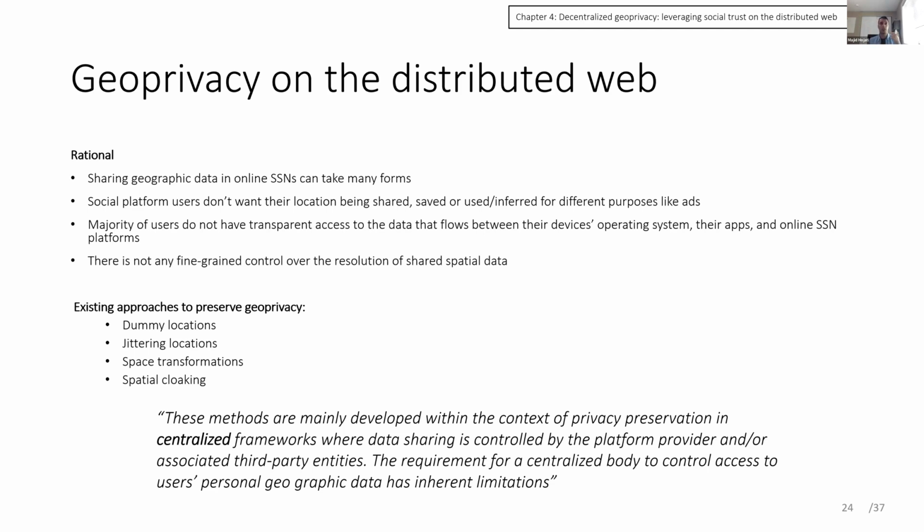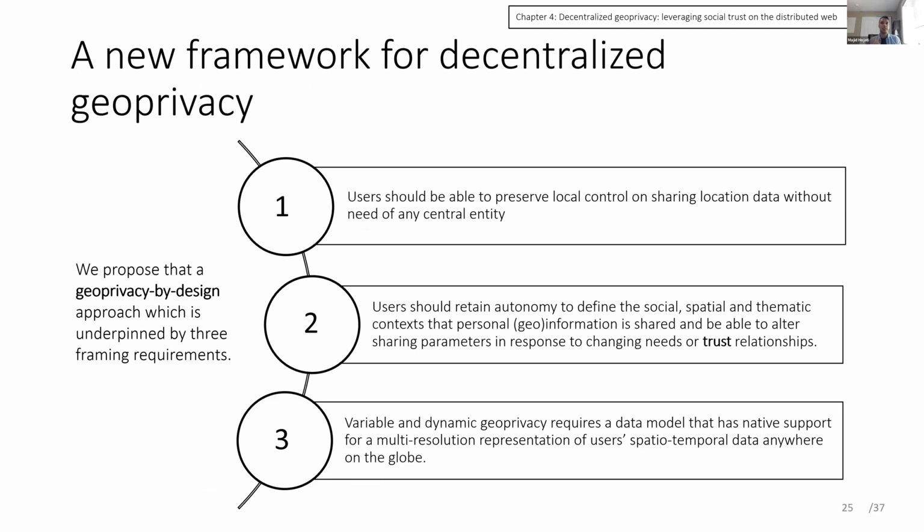The user shouldn't be forced to share their location with a third-party entity to get, for example, a level of geoprivacy. So we define a framework for decentralized geoprivacy, in which users should be able to preserve local control and share their location without the need for any central entity.